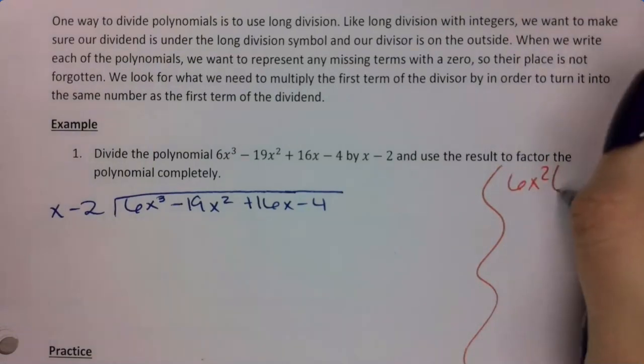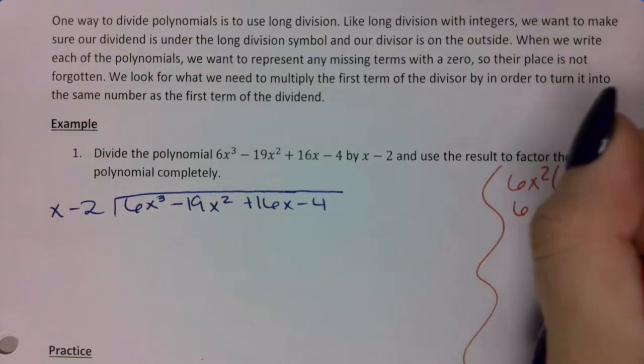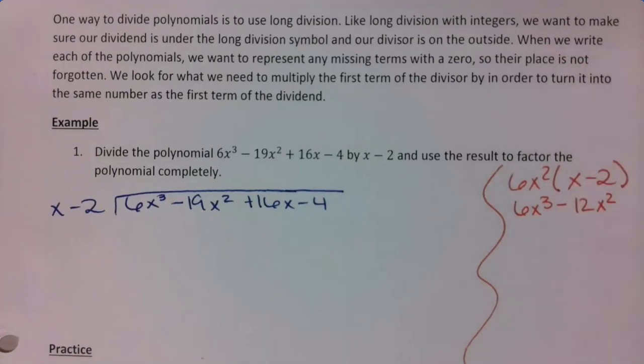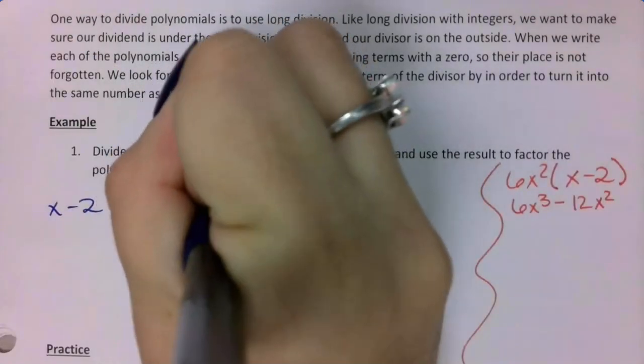I'm going to multiply 6x squared by x minus 2, which gets me 6x cubed minus 12x squared. So the piece that I multiplied by, the 6x squared, I'm going to write above my x squared term.